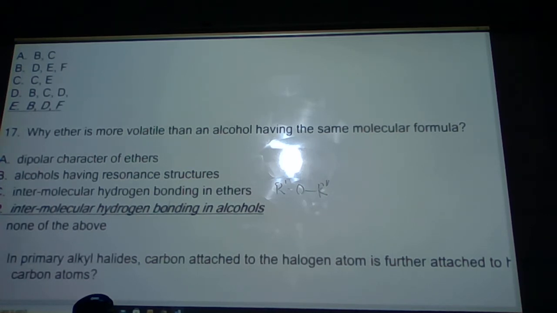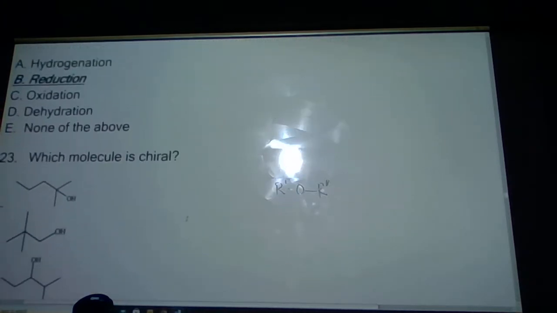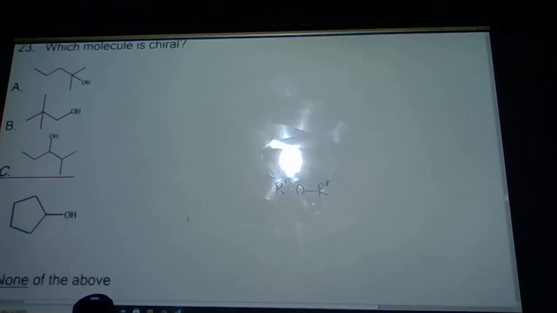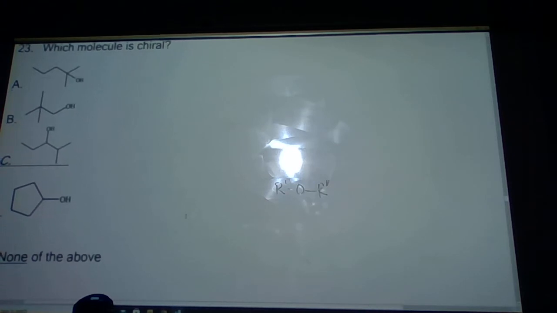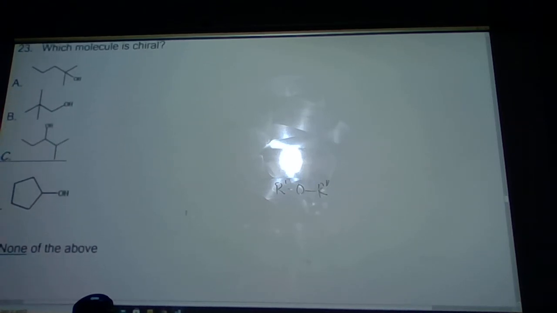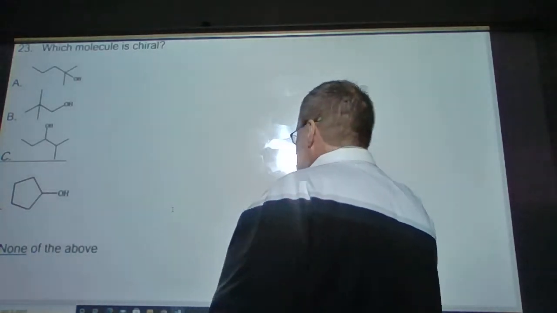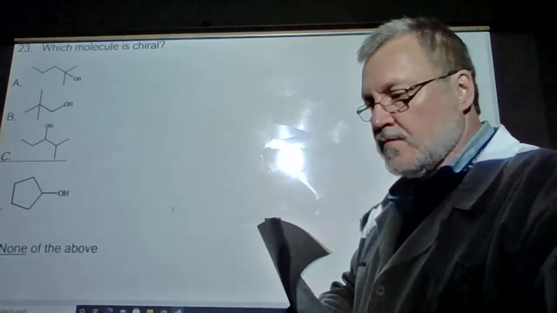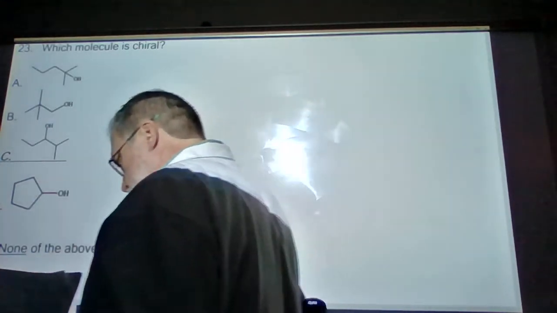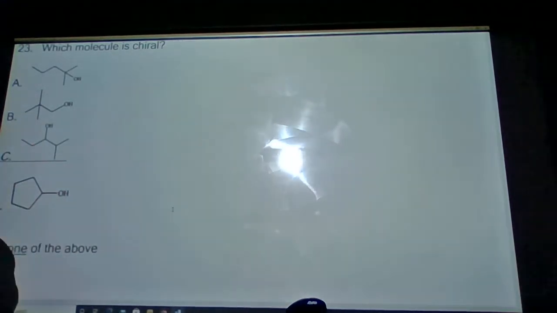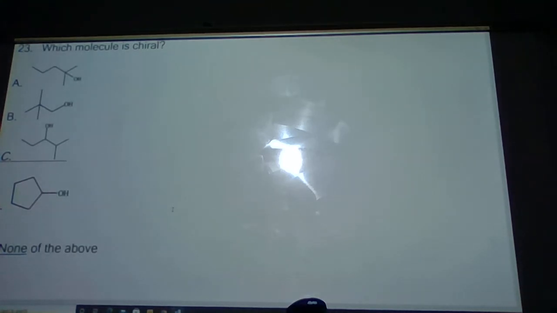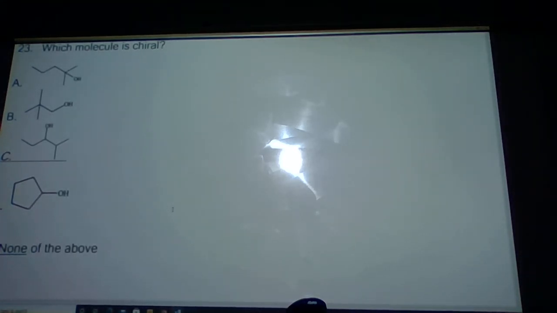Number 23. Which molecule is chiral? Molecules that are chiral have a carbon somewhere in them that has 4 different things attached to it.